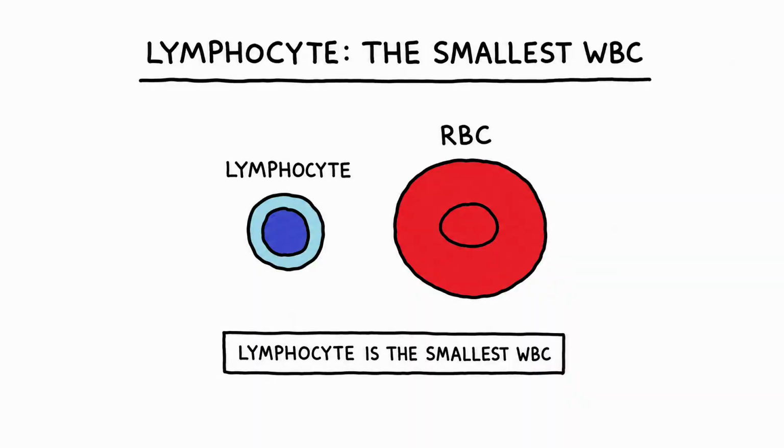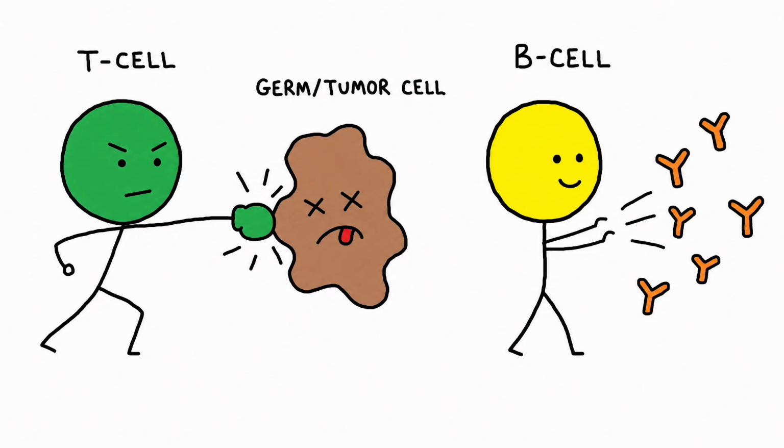And then we have the lymphocytes, and the lymphocytes are slightly larger than the red blood cells, but they're small. It's the smallest of the white blood cells in regards of size. You're going to see this large spherical nucleus surrounded by a thin rim of cytoplasm, and this is an agranulocyte. T cells and B cells are major types of lymphocytes because they both are important in our immune system.